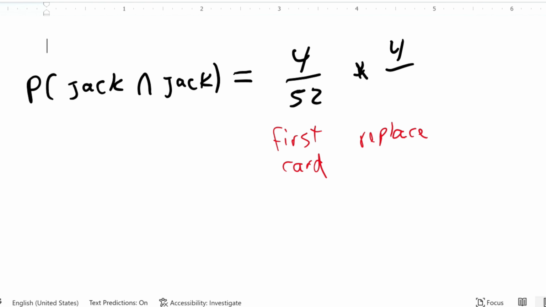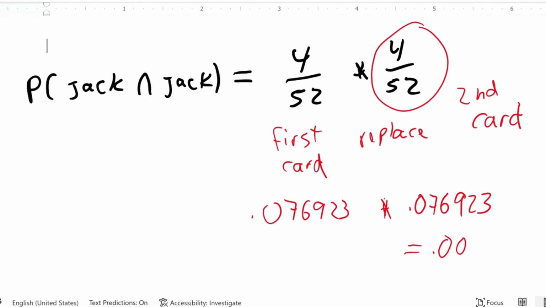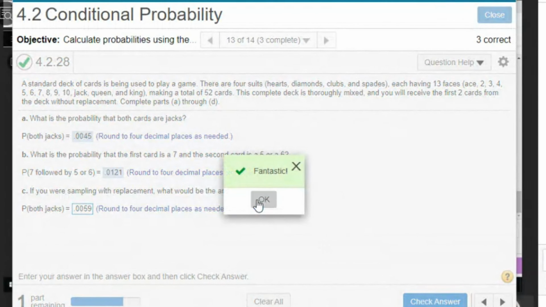So 4 out of 52 times 4 out of 52, or 0.076923 times 0.076923, or squared, and we get 0.005917. So that's 0.0059. Okay, that's great.